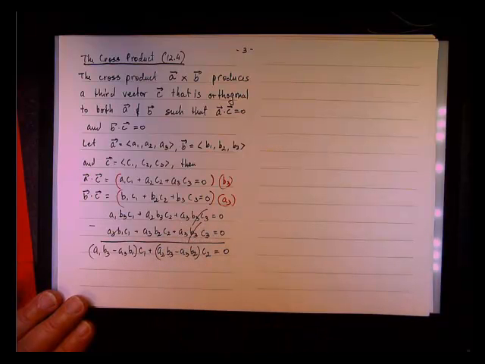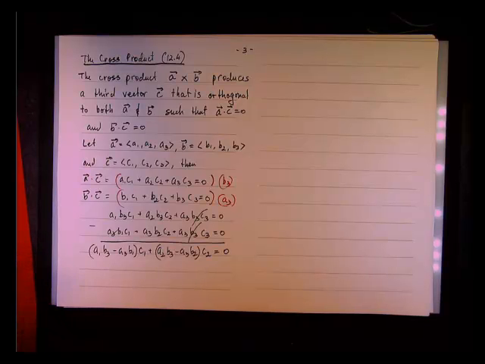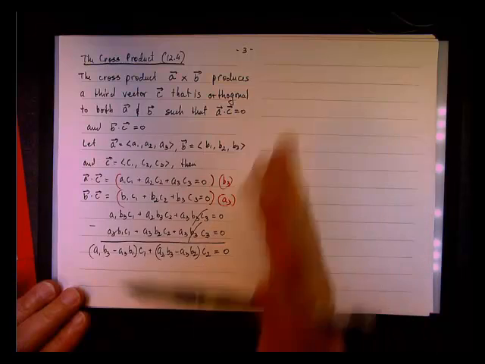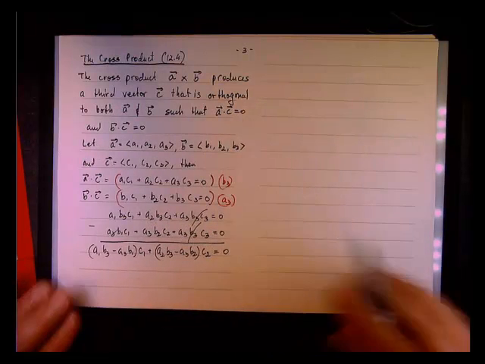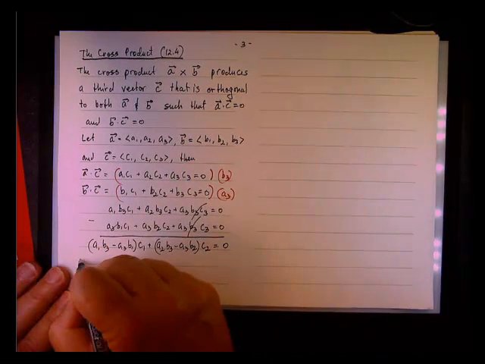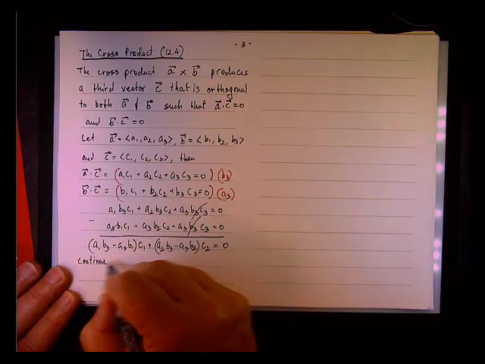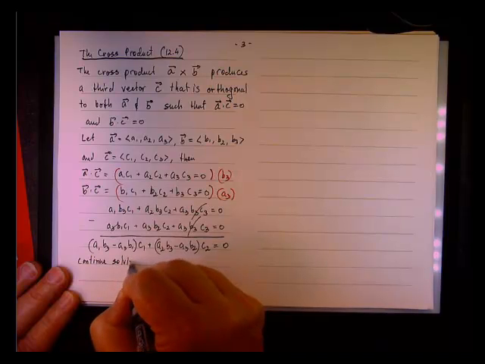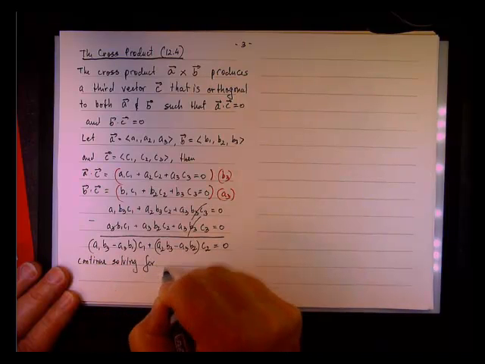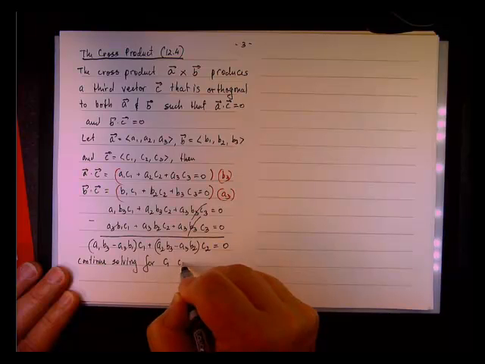Just by canceling out, what exactly? We have like terms, A3, B3, C3. Okay. I'm going to stop here because this takes more time. Continue solving.